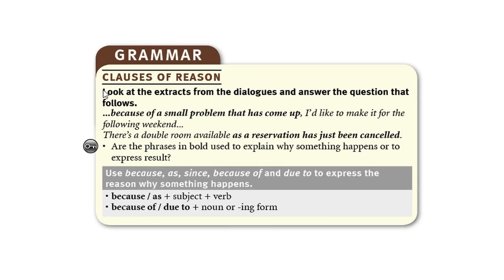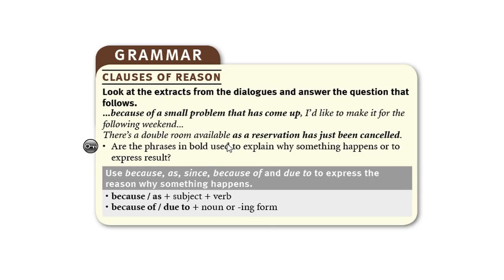Grammar: clauses of reason. Look at the extracts from the dialogues and answer the questions that follow. Because of a small problem that has come up, I'd like to make it for the following weekend. There is a double room available as a reservation has just been cancelled. Are the phrases in bold used to explain why something happens or to express result?